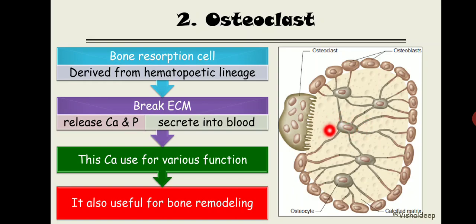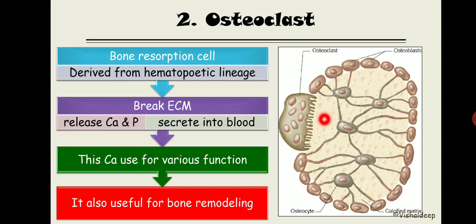This osteocyte works as a mechanical sensor and gives the information to the osteoblast. They have a connection directly with the osteoblast. Now this osteoblast somehow activates the osteoclast and this osteoclast starts bone resorption.